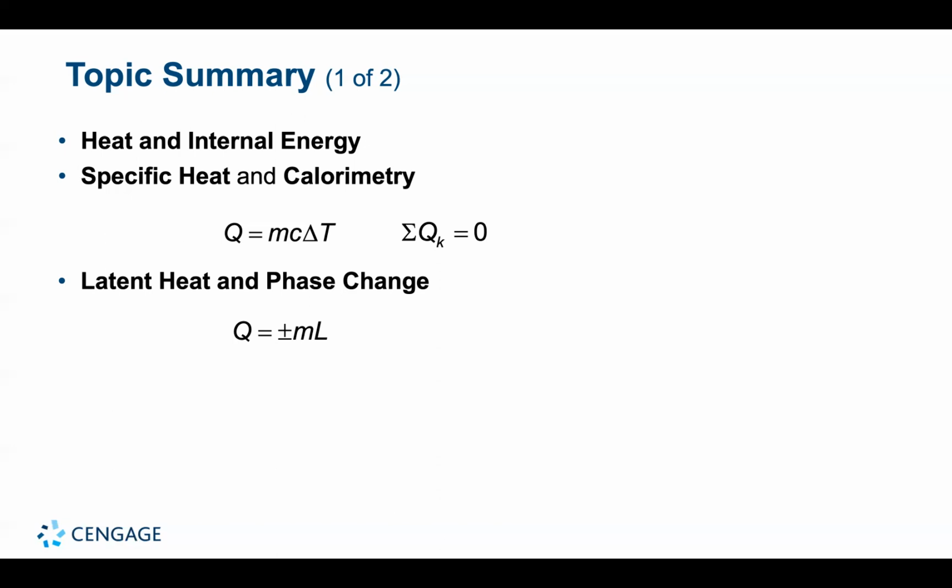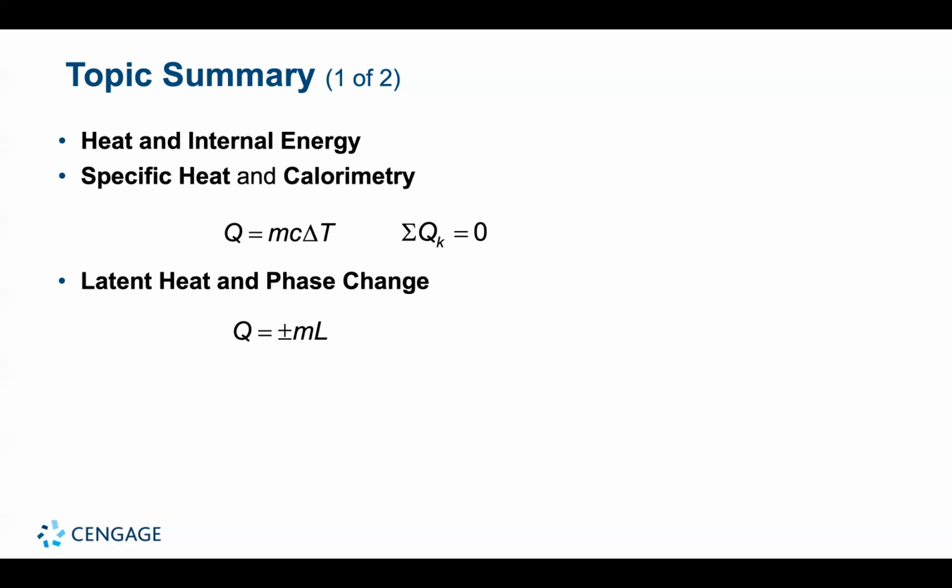The mechanical equivalent of heat is 4.186 joules per calorie. For specific heat and calorimetry, the energy required to change the temperature of a substance of mass M by amount delta T is shown here, where C is the specific heat of the substance.